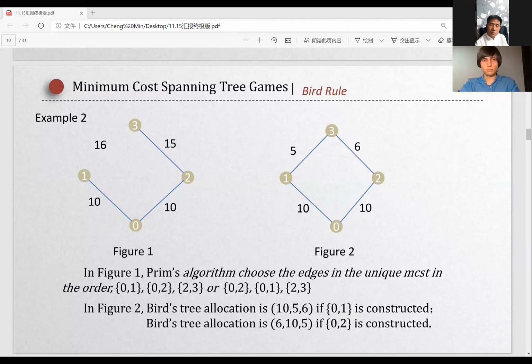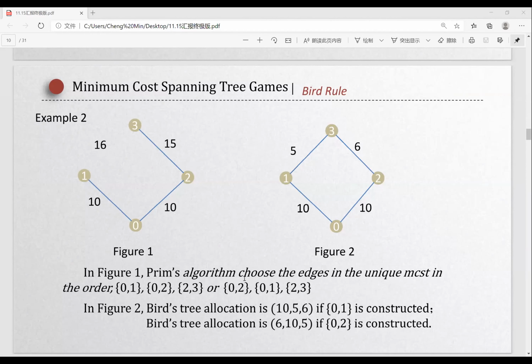If the minimal cost spanning tree problem contains two or more edges with the same cost, there might be more than one minimal cost spanning tree. And for a particular minimal cost spanning tree T, it can happen that there is more than one order in which Prim's algorithm can choose the edges of T. Obviously, the order does not change the edge that a player has to pay according to Bird's tree allocation rule.